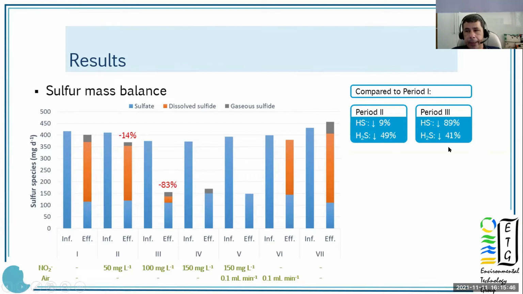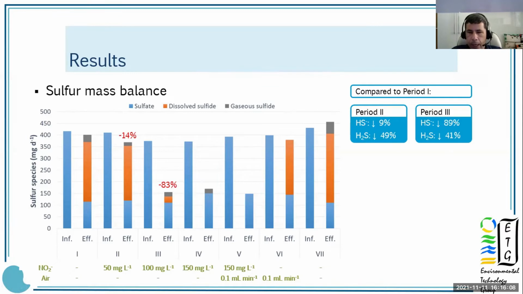In period 3, when we applied 100 milligrams per liter, we decreased 89%, and the H2S was decreased 41%. All of them compared to period 1, which was the period that no nitrite, no microaeration was supplemented, therefore the conventional anaerobic condition.